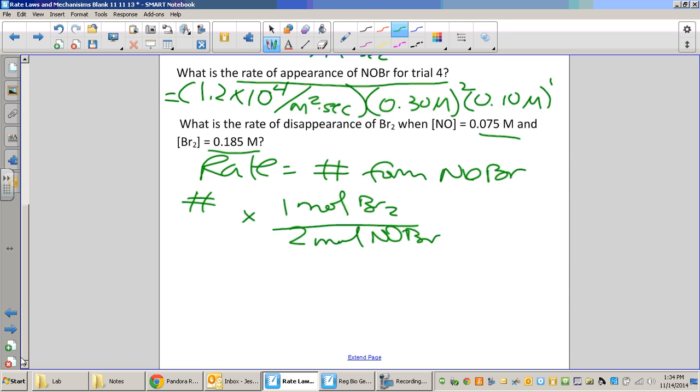Yeah, whatever number you get here, just FYI, is 12.5 molar per second for the appearance. So that's 12.5 molar per second. Then the disappearance of Br2 would be what? 6.25 molar per second. And that's just you halving it.